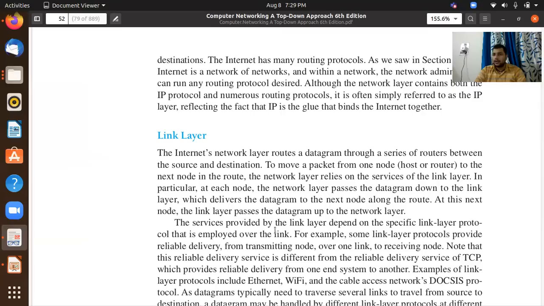The layer which specifically caters to the requirement of encapsulating frames is called the logical link control layer. So the link layer has two divisions: the MAC layer, which is near to the network layer, and the LLC layer, which is near to the physical layer.